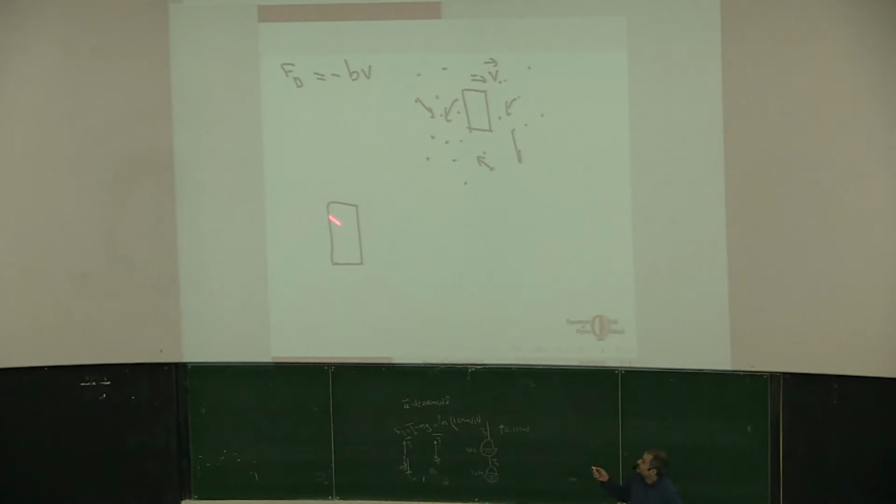This is an object which is much, much more massive than an individual gas molecule. So it is as if an infinitely heavy object collides with an object that is very light. So let's say this moves with some speed v. Suppose that there is an air molecule that moves with speed v1. They collide head-on.